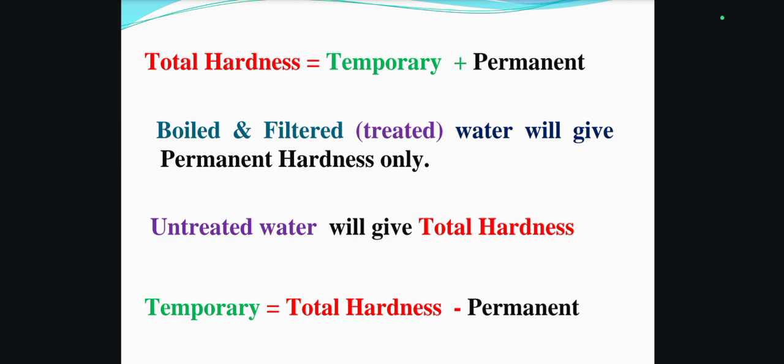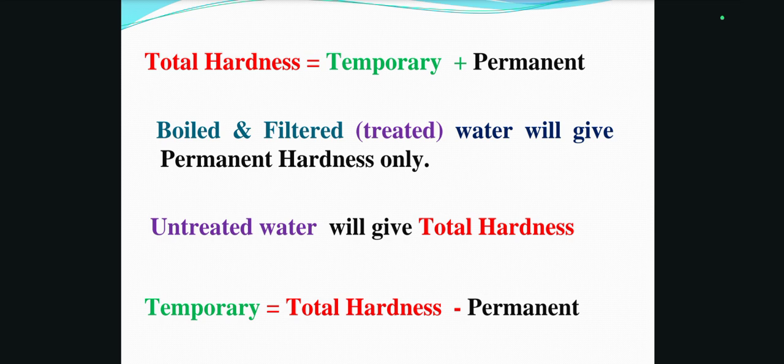So here, if we boil the water sample, we know temporary hardness causing chemicals convert into insoluble products on boiling. That is, on boiling, temporary hardness causing chemicals get precipitated out, and that precipitate we can remove by filtration.